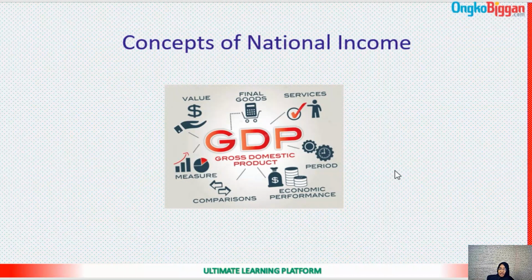The sum total of the market price of goods and services produced in the country. It is called the gross domestic product. So whenever you are writing about GDP, you will write: at a specific time, usually once in a year, the sum total of the market price of the final goods and services produced within the geographical boundary of a country is called the gross domestic product.